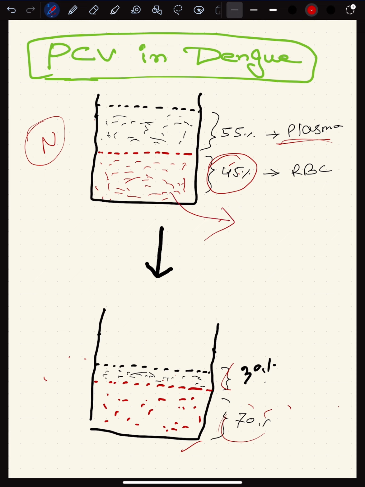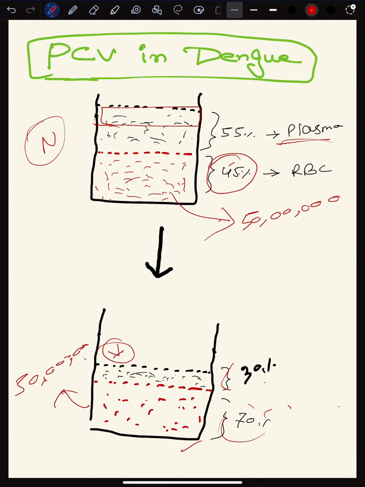Just assume that there are 50 lakh RBC. And in this case also 50 lakh RBC, but the fluid portion has decreased.